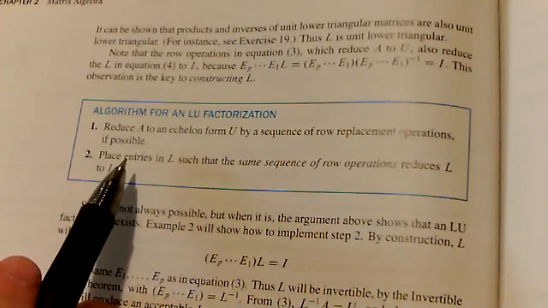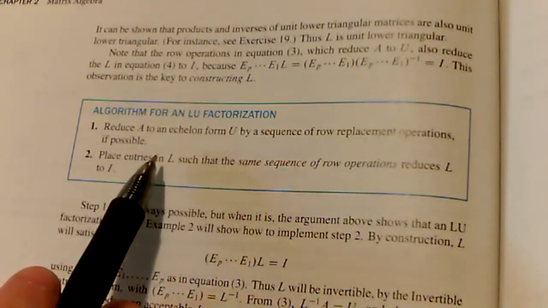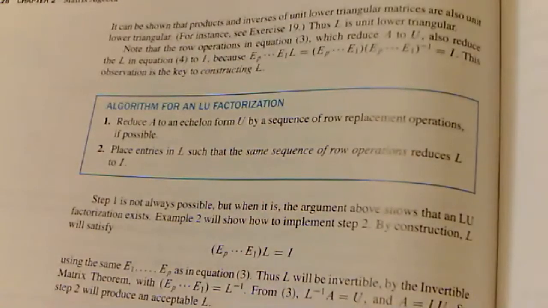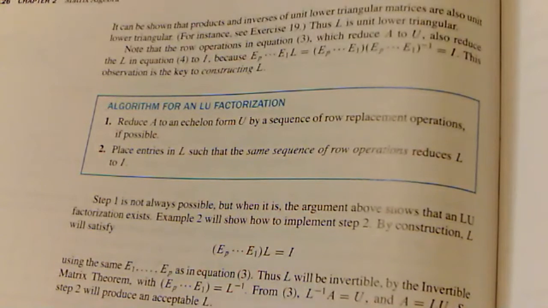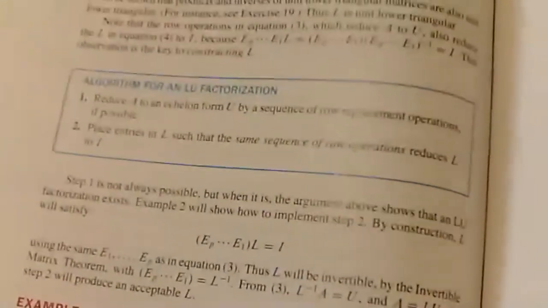Then we're going to find our entries in L using the same sequence. Now, this turns out to be a pretty arduous task, because I have to find L and work backwards. It turns out there are some easier techniques we can apply as we go, so we're going to show you what that looks like.